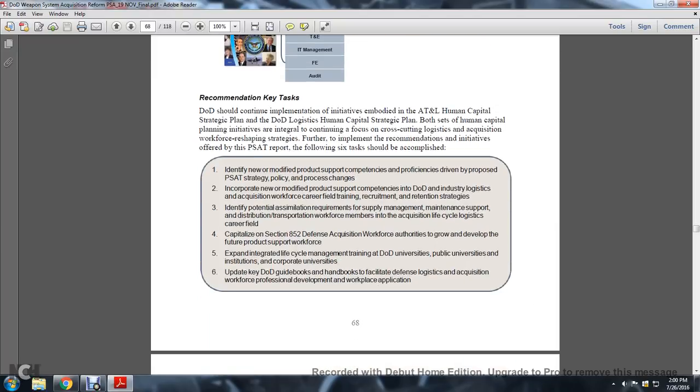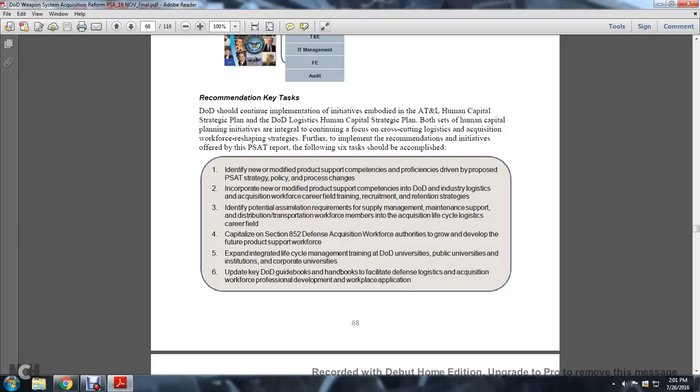Recommendations for the key tasks: the Department of Defense should continue implementation of initiatives embodied in the acquisition, technology, and logistics human capital strategic plan and the Department of Defense logistics human capital strategic plan. Both human capital planning initiatives are integral and continue the focus on cross-cutting logistics and acquisition workforce reshaping strategies. Further, implementing the initiatives recommended by the product support assessment team requires the following six tasks.